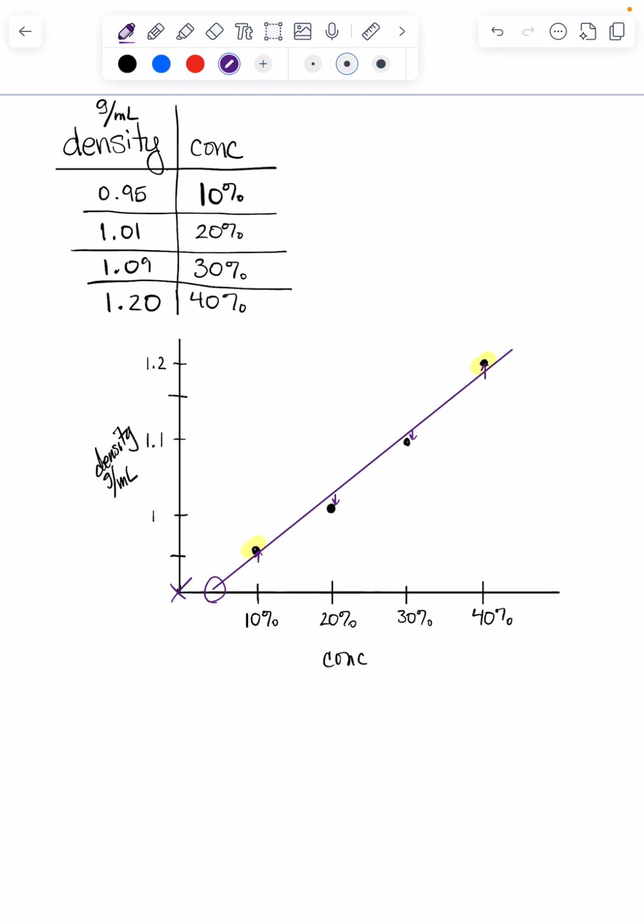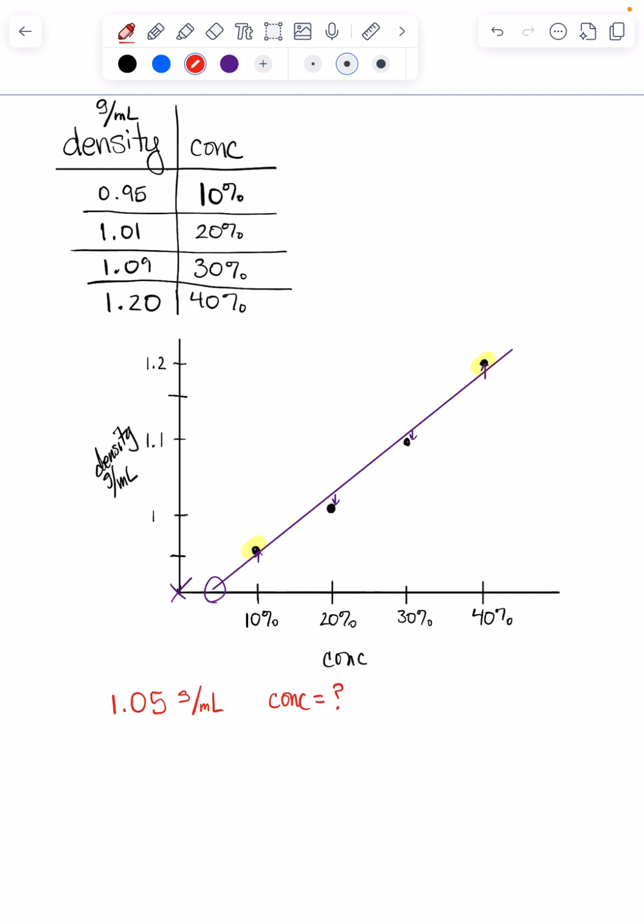Okay, so now we're going to actually use this graph. Let's say you had another solution and you determined that the density was 1.05 grams per milliliter. You want to know what the concentration of that solution is.